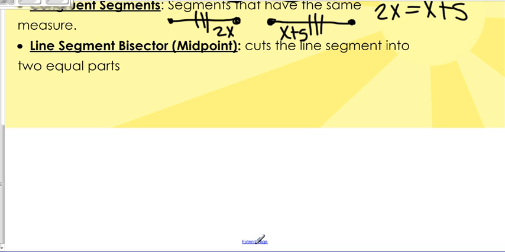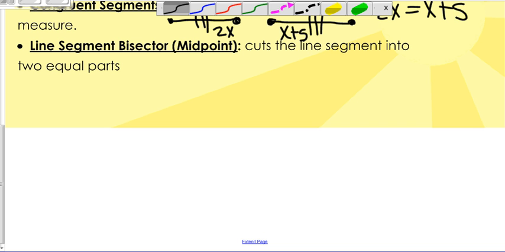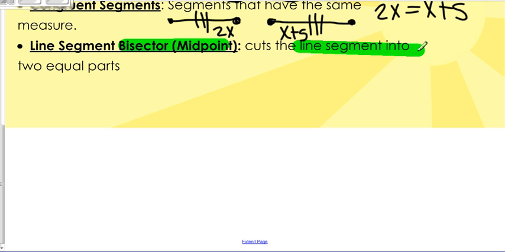All right, so the last thing on here is line segment bisector and possibly a midpoint. They're two different things, but they tell us the same detail. They're both going to cut a line segment in half or into 2 equal parts. They both do the same thing. Their picture just looks a little bit different.